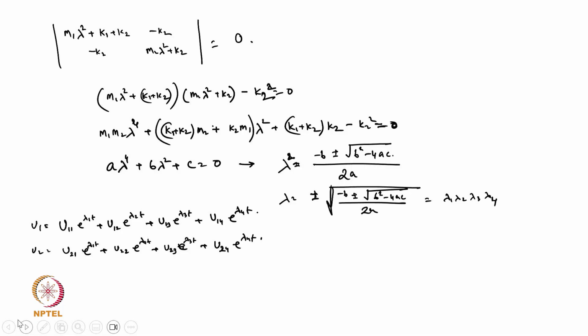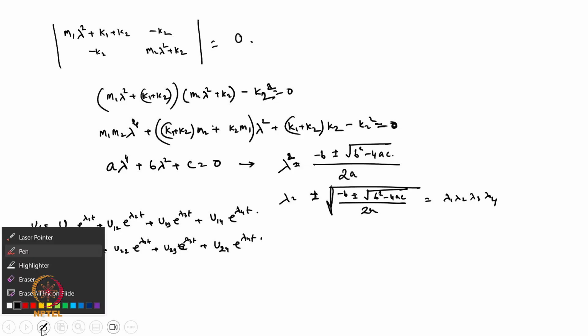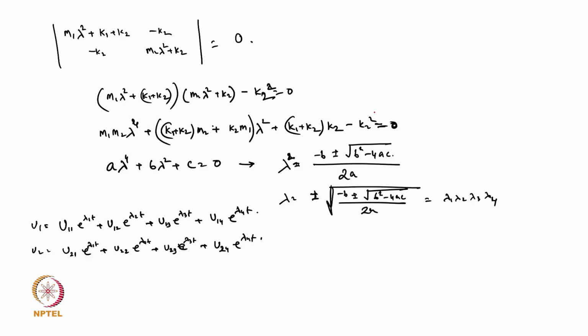So here, if we go into a little bit more detail, what can we find? We can see m1 m2 lambda to the power 4 plus (k1 m2 plus k2 m2 plus k2 m1) lambda square plus k1 k2 should be equal to 0.